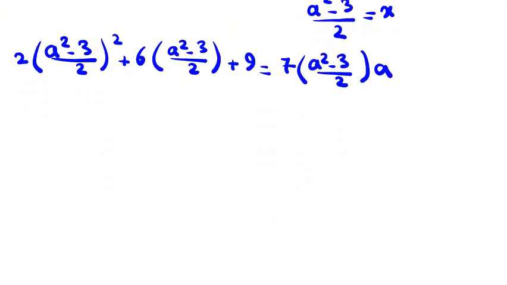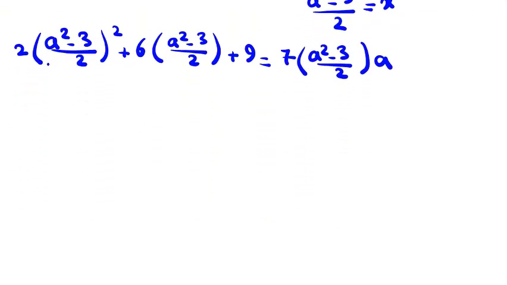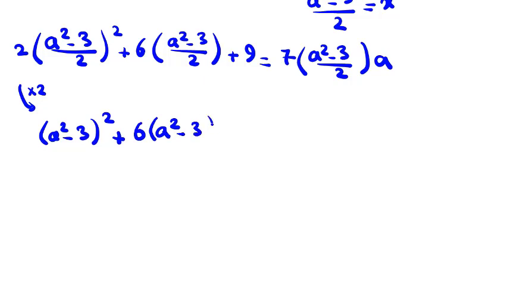Now we want to simplify this equation. So here the denominator will be 4, 2 here, then we have 2 if we cancel. If you multiply both sides by 2, then I have (a squared minus 3) squared plus 6 times (a squared minus 3), and multiplied by 2 it will be 18, equals 7 times (a squared minus 3) times a, which is 7a cubed minus 21a.